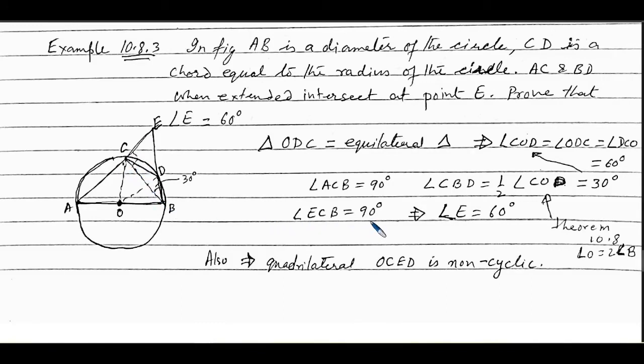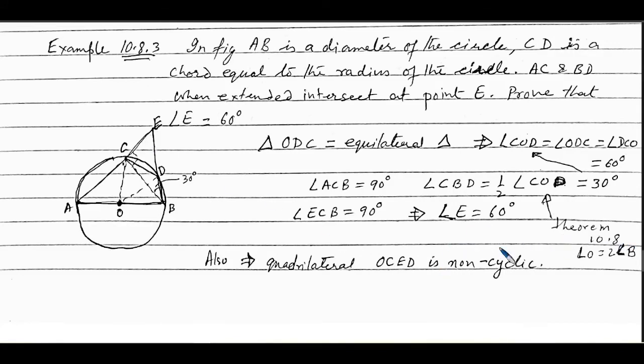So if I take this triangle, I have here 90, here I have 30. So the remaining, angle E, will be 60, because 30 plus 90 is 120, but the sum of all internal angles has to be 180, so you have to add 60. So angle E is 60.